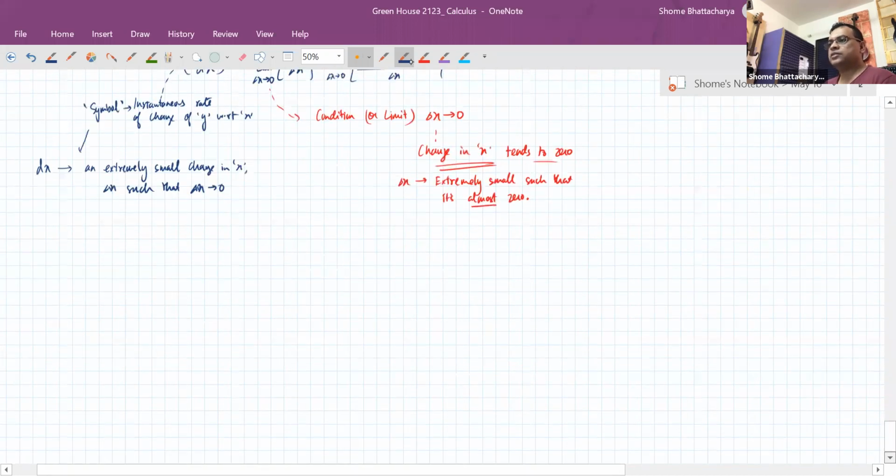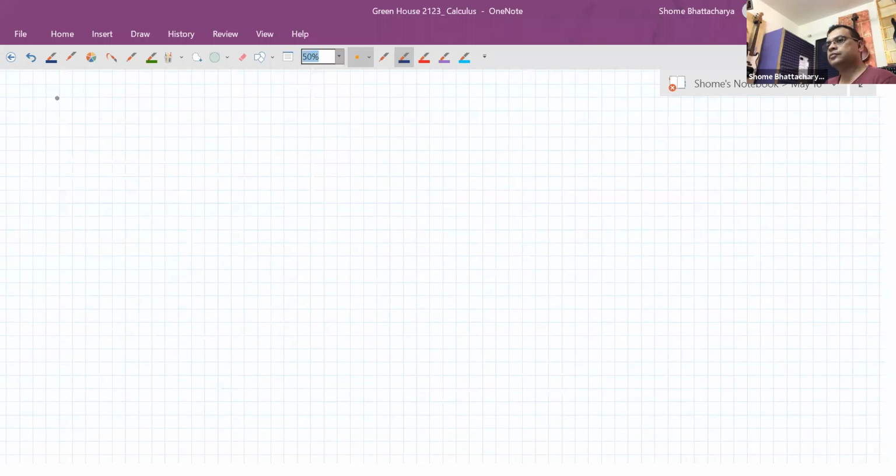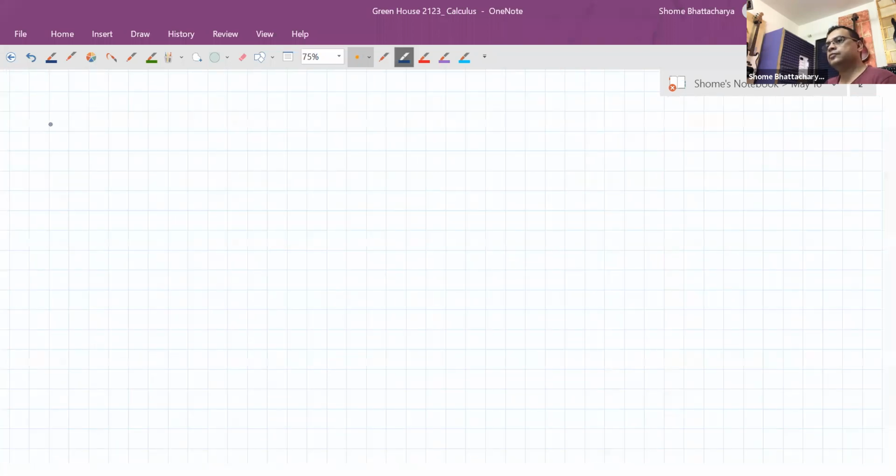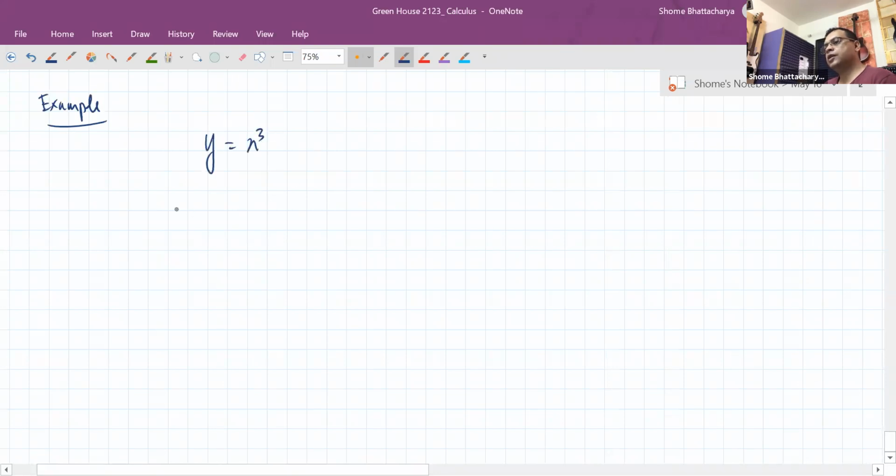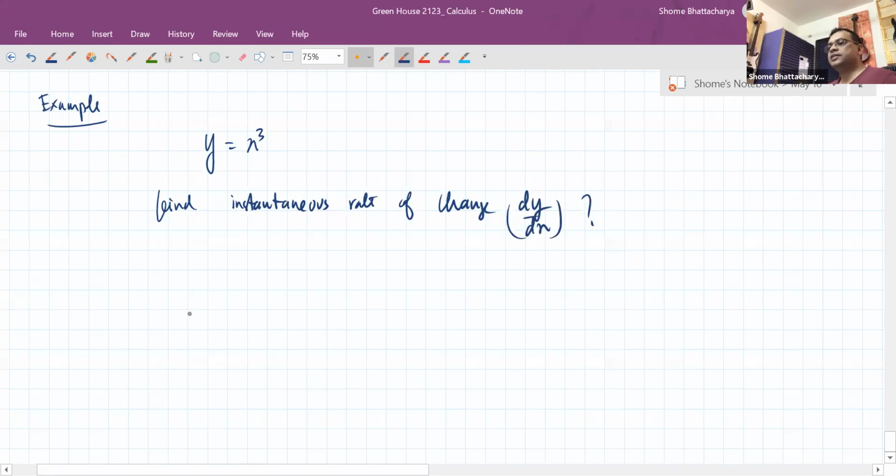Okay, so let's look at this with an example. Suppose I have y is equal to x cube, and I want to find the instantaneous rate of change, dy by dx. How will I do that? I'll apply the definition. What is the definition of instantaneous rate of change?